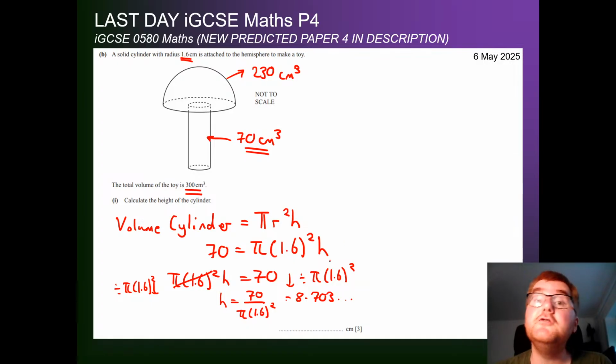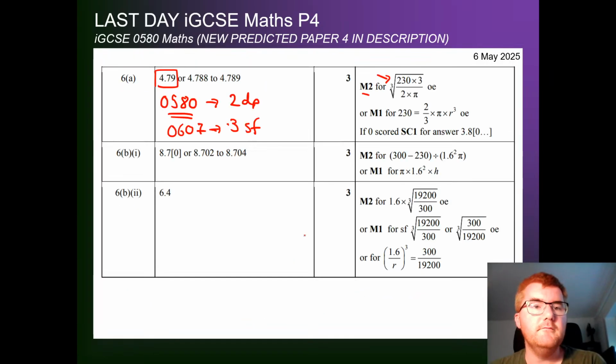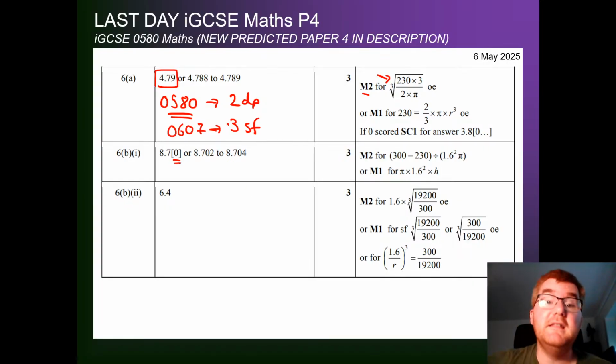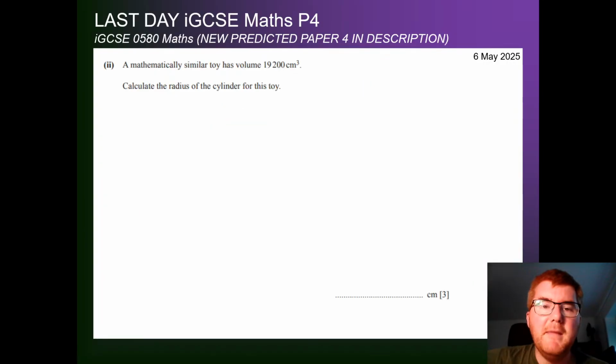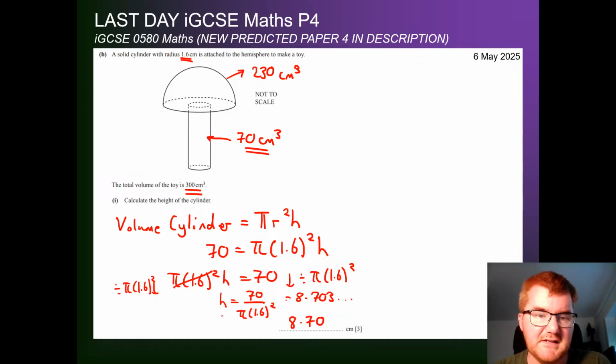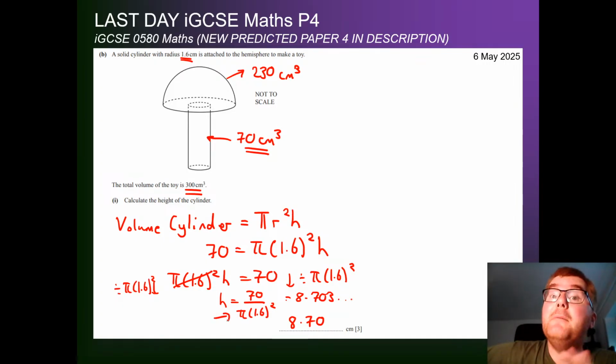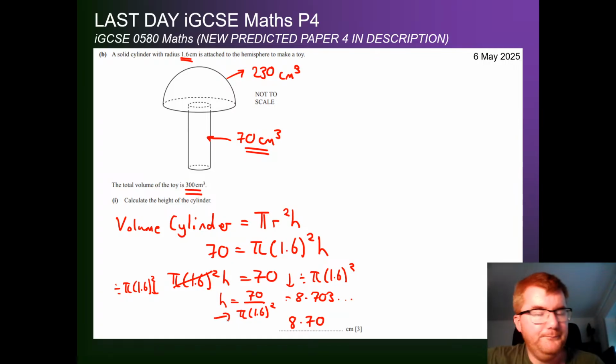I'm going to round to 2 decimal places, so 8.70. Notice you don't need the 0 in the mark scheme here. But again, make sure you've got enough working. This is enough working to get the 2 marks, and then putting the answer in accurately.